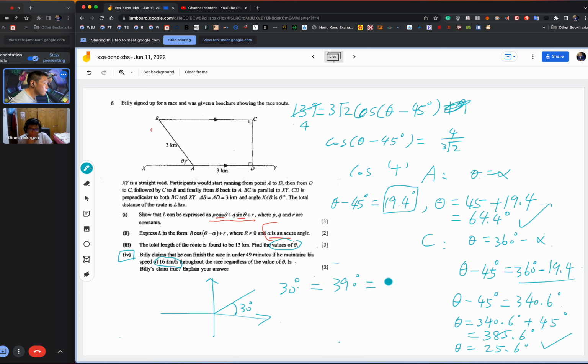Add another 360 to it, you get 750 degree. So in trigonometry, they point to the same position, which is this line. That's the reason why this 385.6 degree is also 25.6 degree.